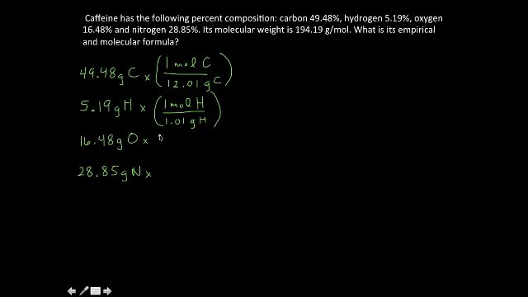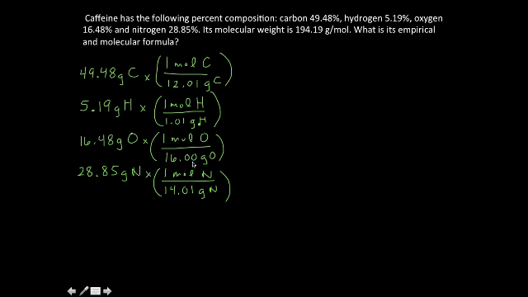These are all the atomic masses. 1 mole of oxygen is equivalent to 16.00 grams of oxygen, and 1 mole of nitrogen is equivalent to 14.01 grams of nitrogen. So there we go. These are all the equations that I need to solve for moles.